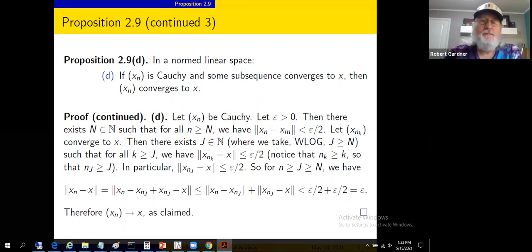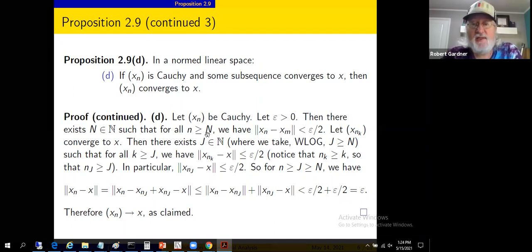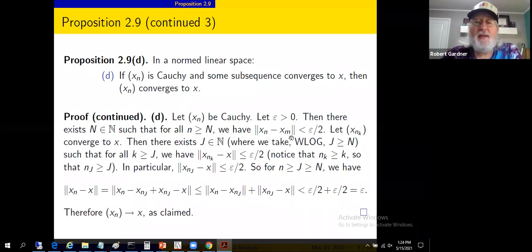That's the claim here. If we have a Cauchy sequence and some subsequence converges to x, say, then the original Cauchy sequence also converges to x. The proof: let x sub n be Cauchy and epsilon be greater than 0. Then there exists a natural number capital N such that for all m and n greater than or equal to capital N, we have the norm of x sub n minus x sub m less than epsilon over 2.